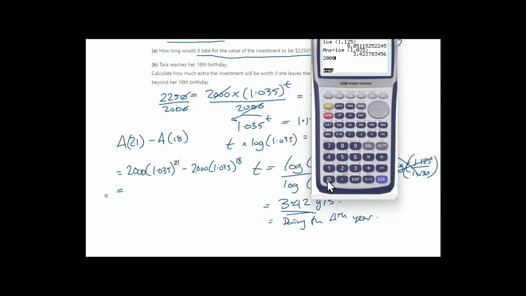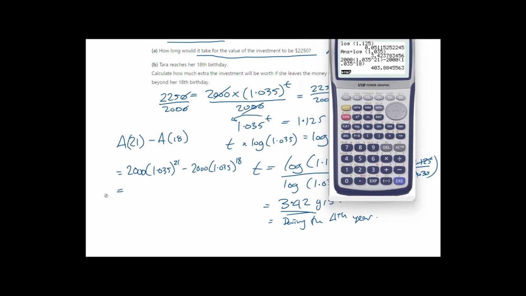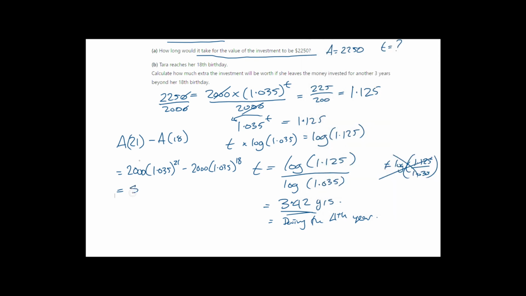So 2000 times 1.035 to the power of 21 minus 2000 times 1.035 to the power of 18, and we get $403.88. Don't forget the 88 cents. And that's that.